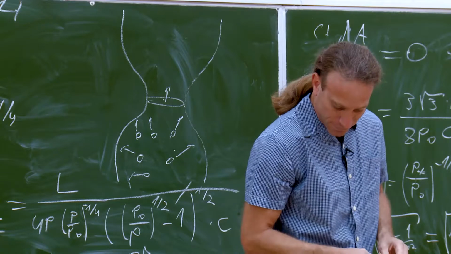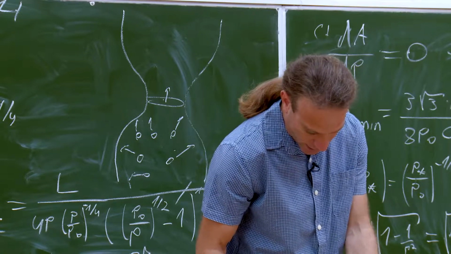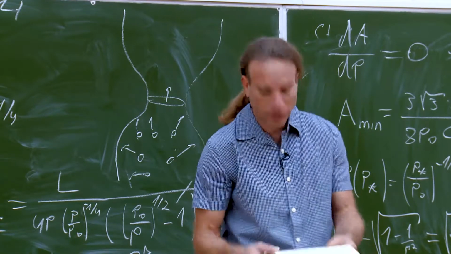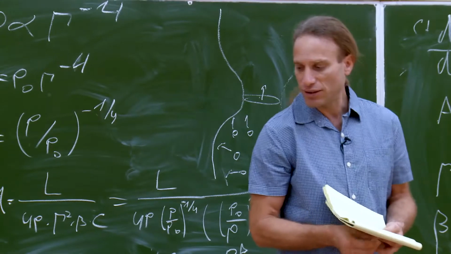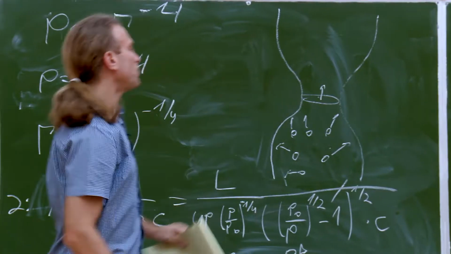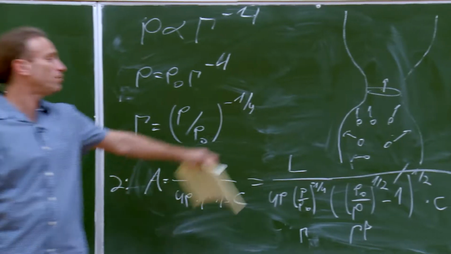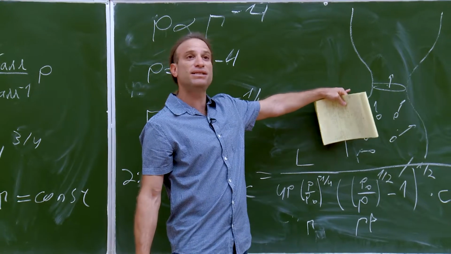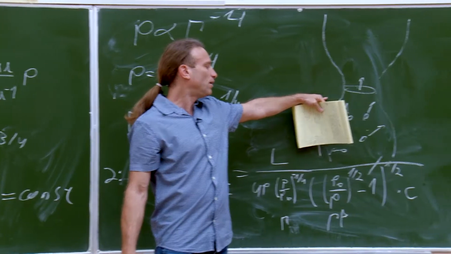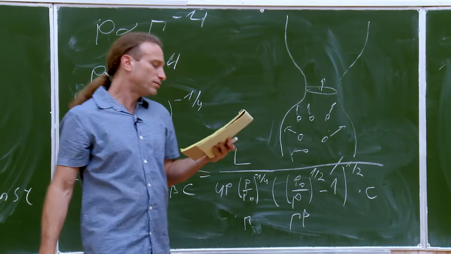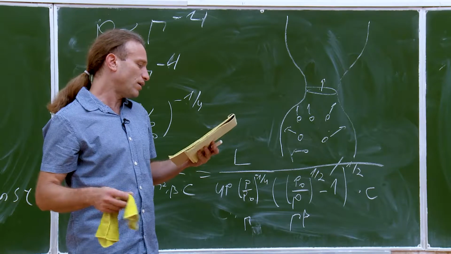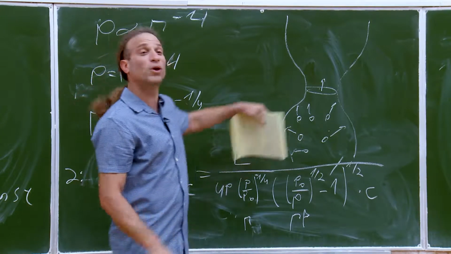This is all I had to say about acceleration of a hydrodynamic jet. This, by the way, is known. This is a model that was done during the 70s by Blandford and Rees. It is known as the exhaust model.